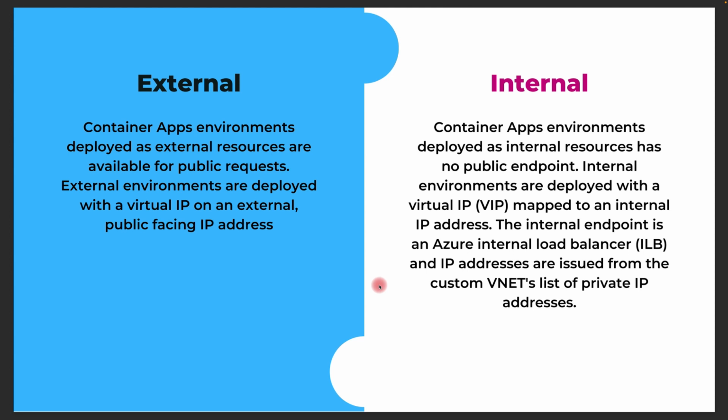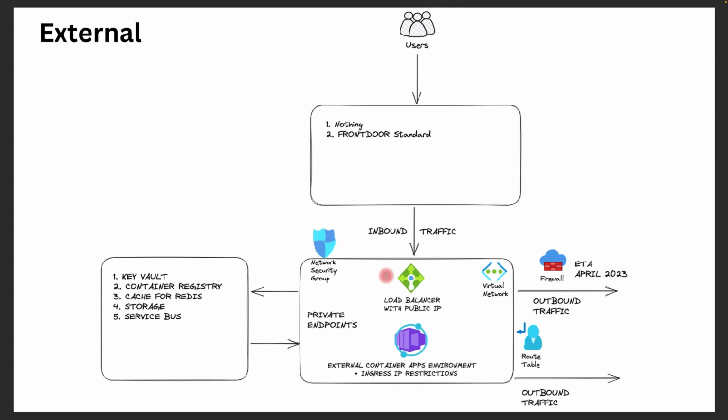Here is the simple architecture that we will build in the future episodes. Today we will focus on this one, the external container app environment. We'll deploy a network security group. We'll deploy our virtual network, and in that network we will deploy the Container Apps environment.